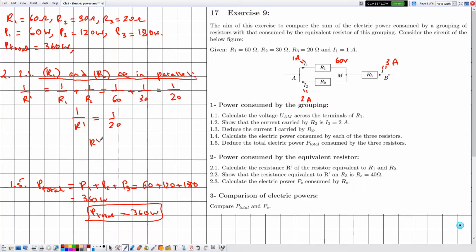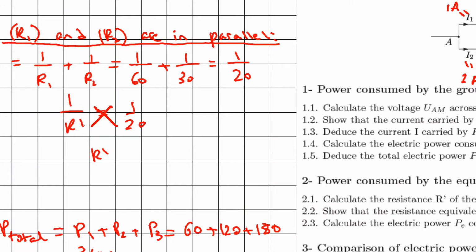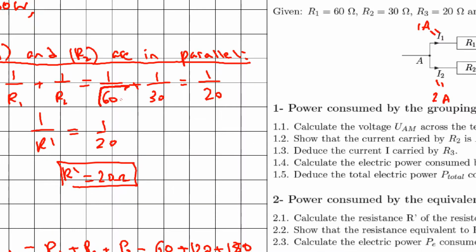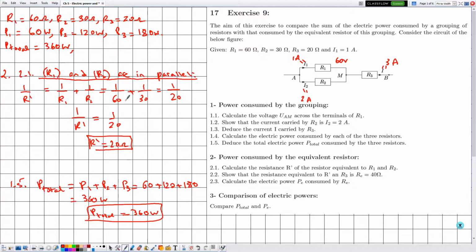So simply R prime, if we cross multiply, is given by 20 ohms. Why ohms? Because R1 and R2 are expressed in ohms. And recall that whenever we determine an equivalent resistance, we redraw a new electric circuit in which the new equivalent resistance is represented. So R prime replaces R1 and R2.